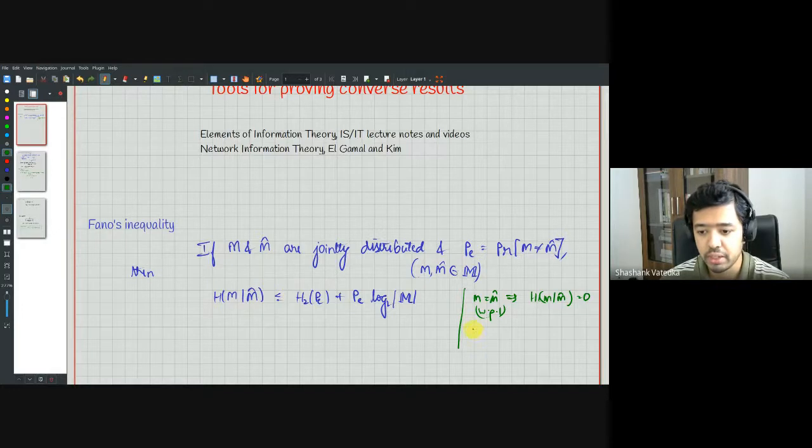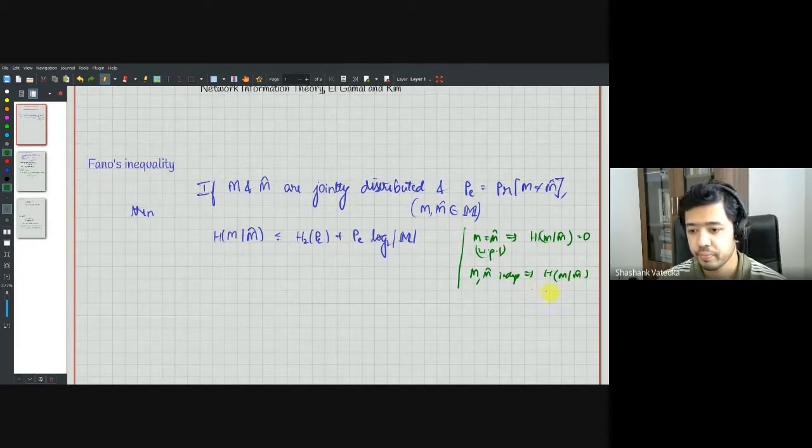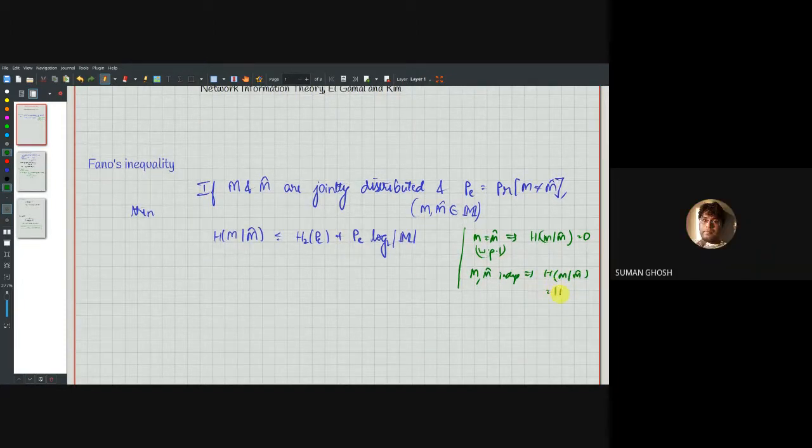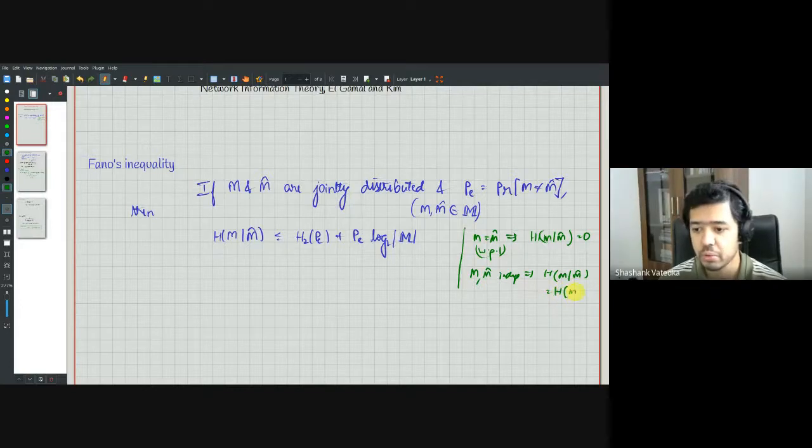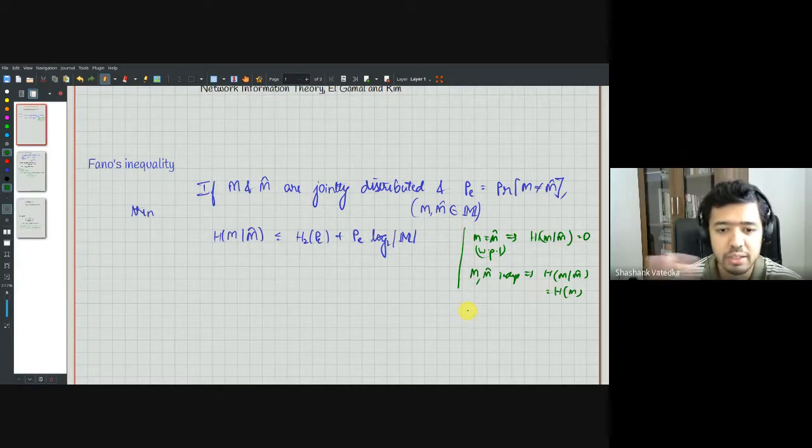And what if m is independent of m hat? If m and m hat are independent, then what can you say about h of m given m hat? It will be maximum and it will be equal to h of m. So the maximum is achieved when m and m hat are independent, and that is indeed what you would expect.